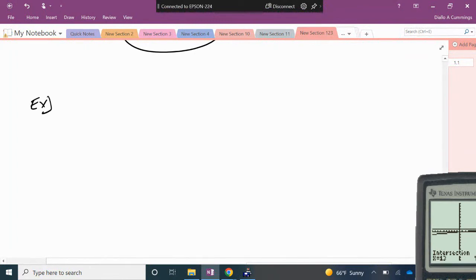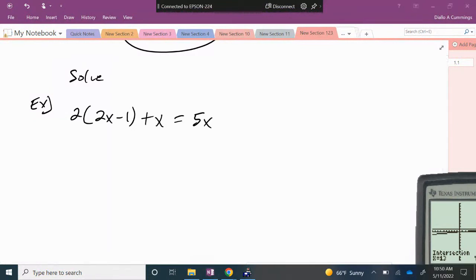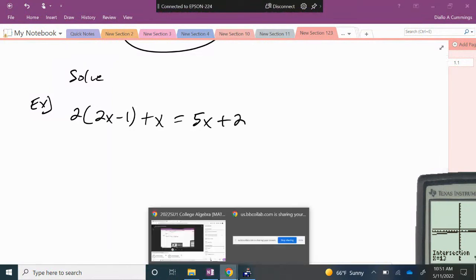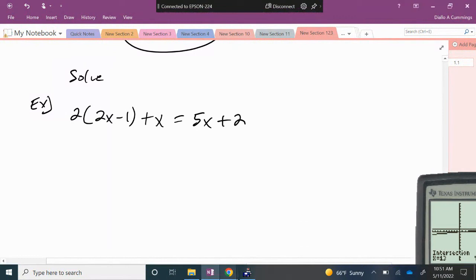All right, so here we're asked to solve 2 times the quantity 2x minus 1 plus x is equal to 5x plus 2. All right.